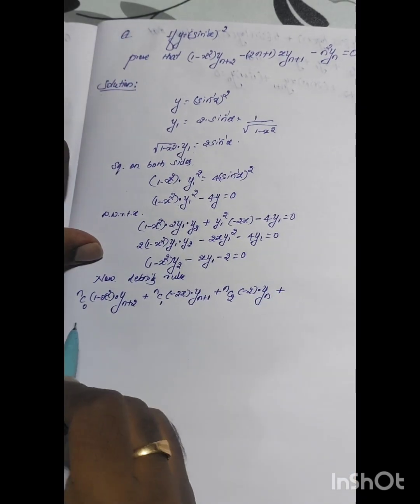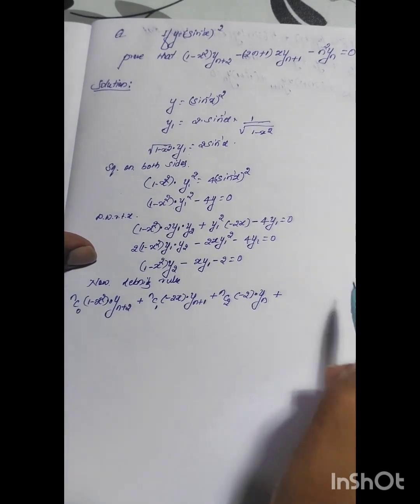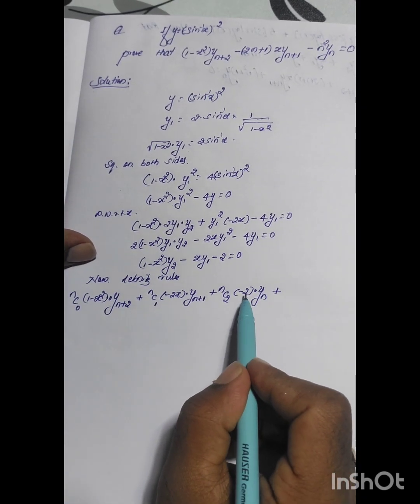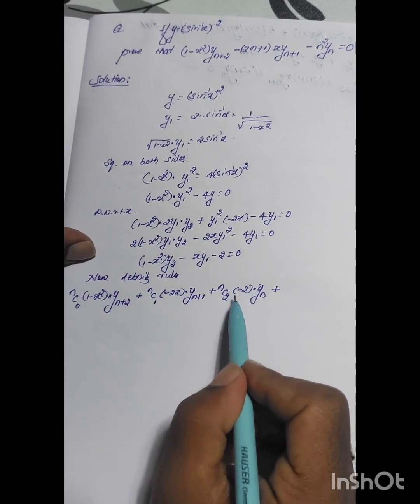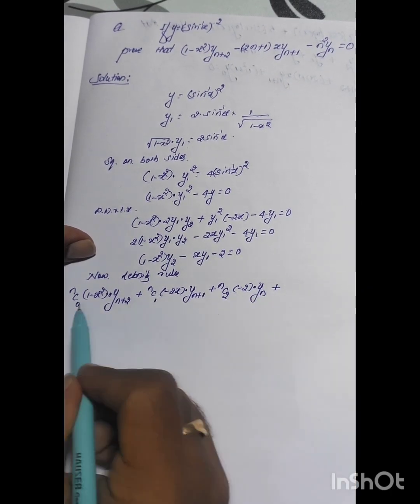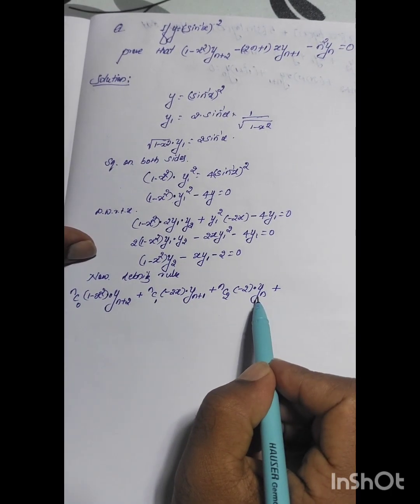So for the first term, the next term, the fourth term will become 0, because we have already got the constant here. Derivative of minus 2 will become 0, so we can stop taking the derivative for the first term.